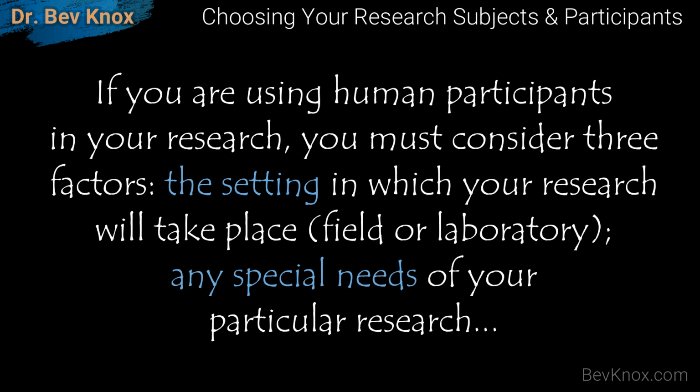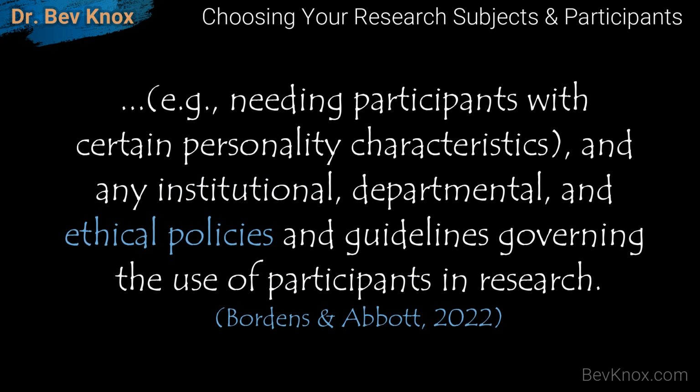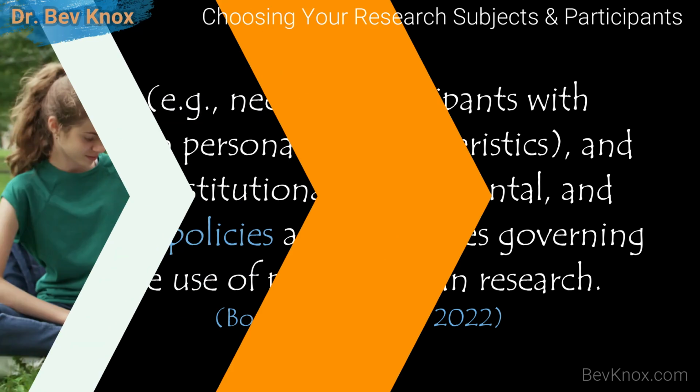If you are using human participants in your research, you must consider these 3 factors: the setting in which your research will take place, whether it's in the field or a laboratory; any special needs of your particular research, for example, needing participants with certain personality or characteristics; and any institutional, departmental, and ethical policies and guidelines governing the use of participants in your research.